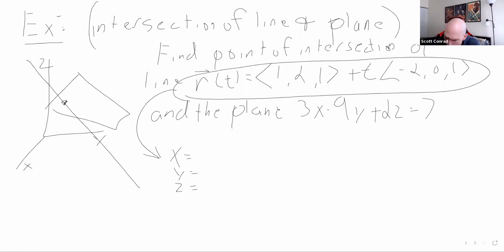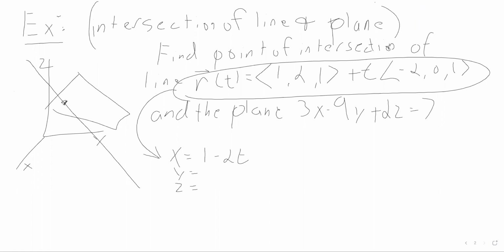If we combine it, the first component we get is 1 minus 2t. We're just writing (1, 2, 1) plus t times (-2, 0, 1) as a single vector. And then the first component is what x is equal to. So we get 1 minus 2t. What's the second component? y is equal to what? 2. Just 2. 2 plus 0 times t, which is 2. And then the third component: z is equal to 1 plus 1 times t, so 1 plus t.